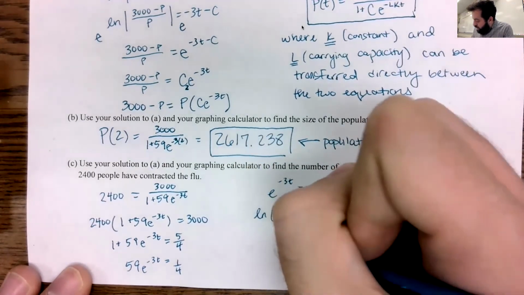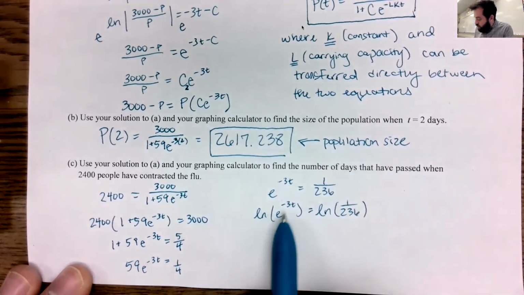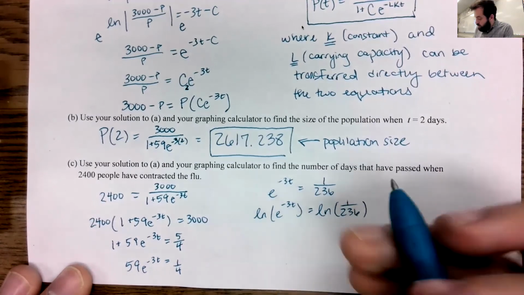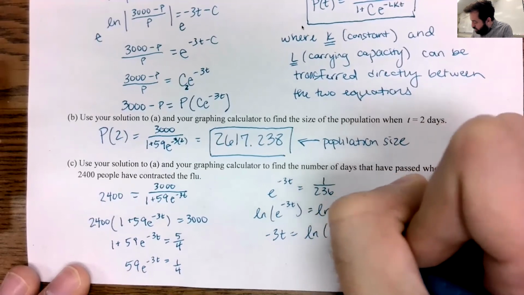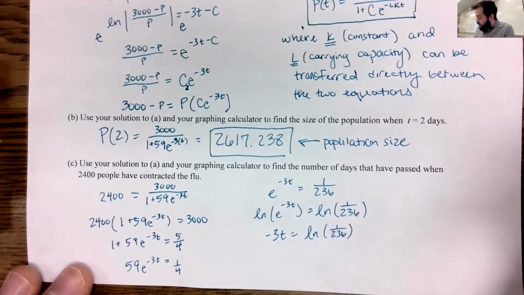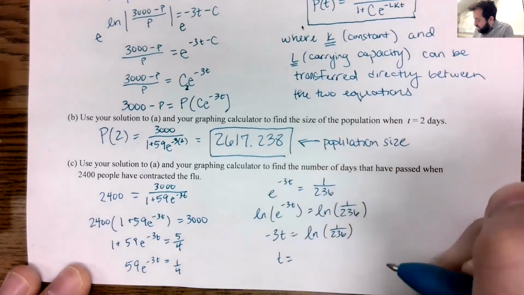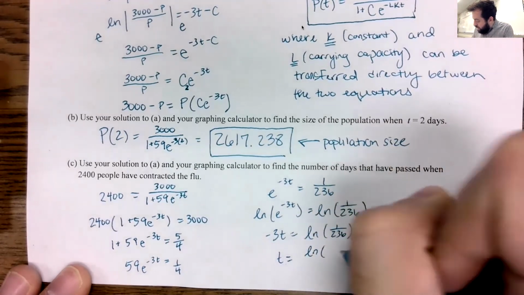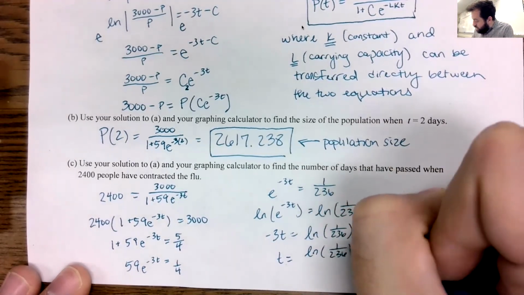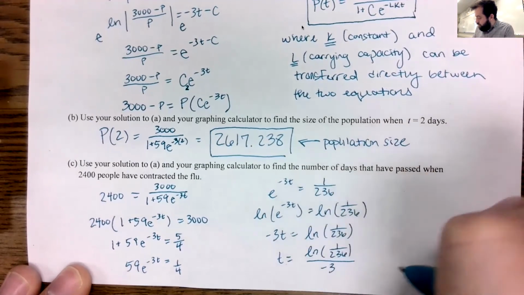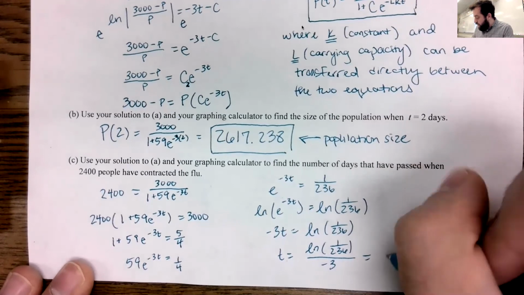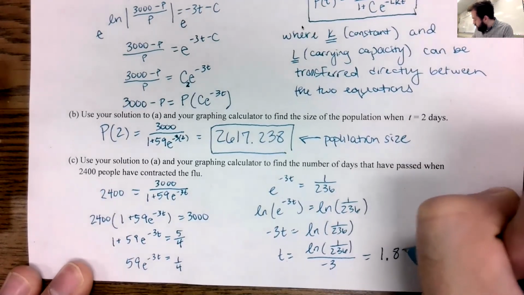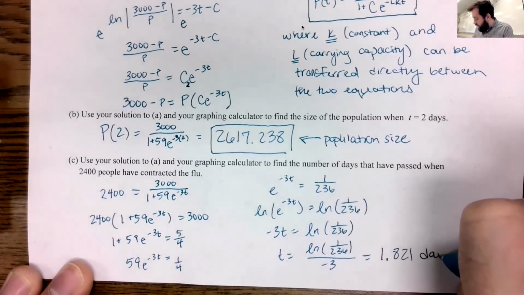Natural log and the e cancel because natural log of e is 1, and this exponent can be brought down in front. So we get negative 3t equals the natural log of 1 over 236. Then I'm going to divide by negative 3, and finally we have the t isolated. So then we have the natural log of 1 over 236 divided by negative 3. And once we do that in our calculator, we're going to end up with 1.821, and t is measured in days.